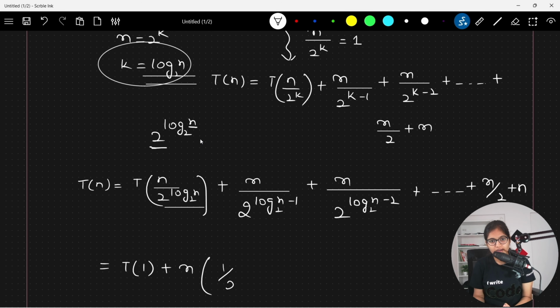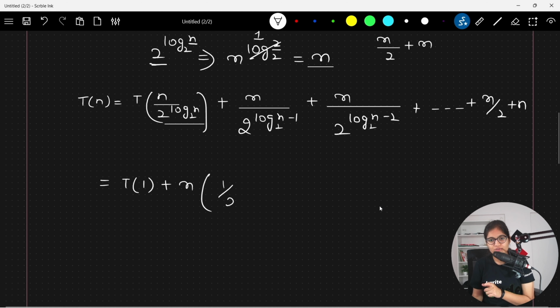So here we will get n to the power log 2 base 2, and when the base and the coefficient are the same, the value will be equal to 1. That's why we are getting the value as n here. So n divided by n is equal to 1 here.